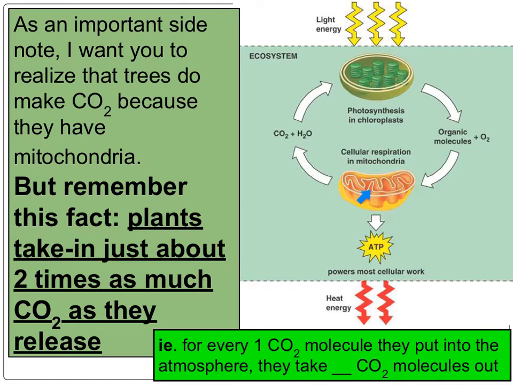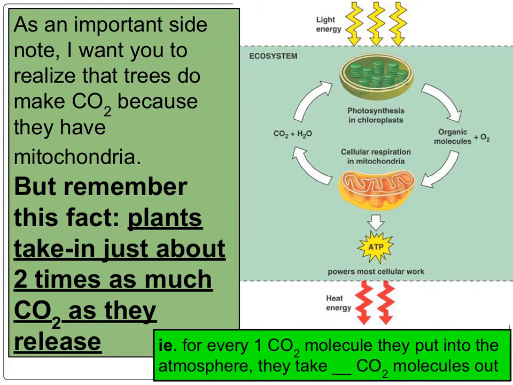They will do cellular respiration, which means they do make CO2. And so when we're talking about climate change, and a lot of answers to how do we fix climate change is plant more trees, well, climate change is caused by too much CO2 in the air. So how will trees solve this issue if they're making CO2 as well?